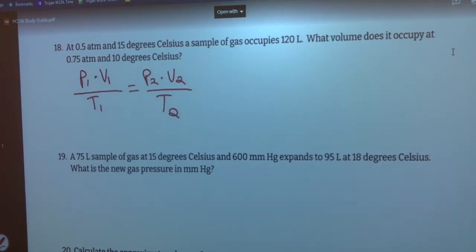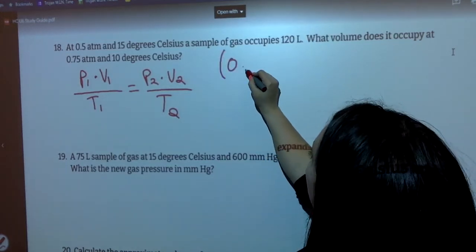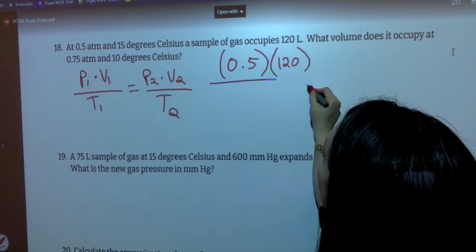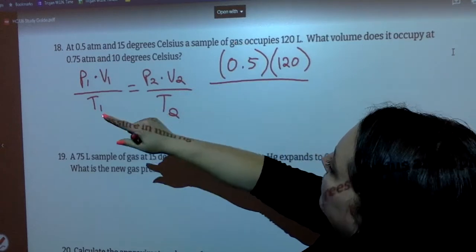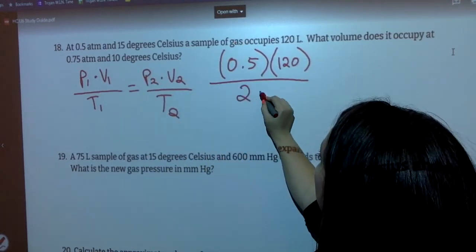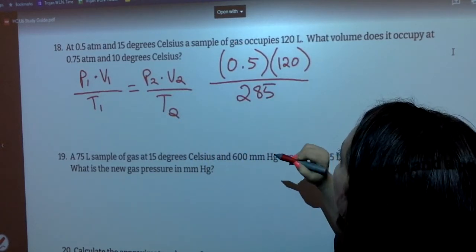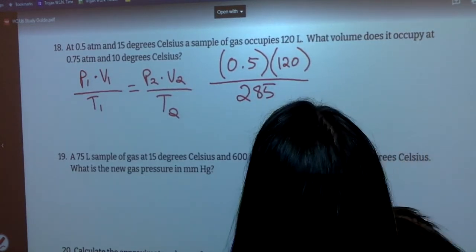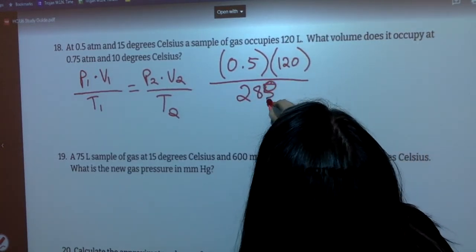For this, we already have our pressure in atmospheres. The volume's already in liters, and we just need to convert our temperatures to Kelvin. Okay, so we're going to have 0.5 times 120 over, where are we at? We're at 15 degrees Celsius, so we're at 285 Kelvin. No, that's wrong. 288. I'm just going to change that.